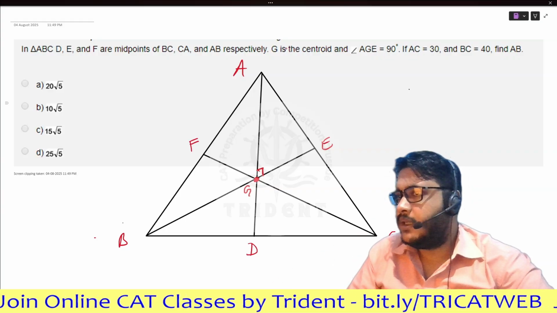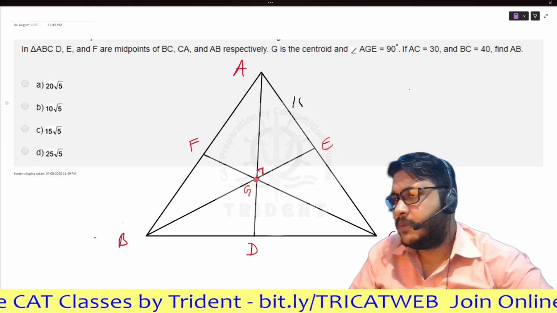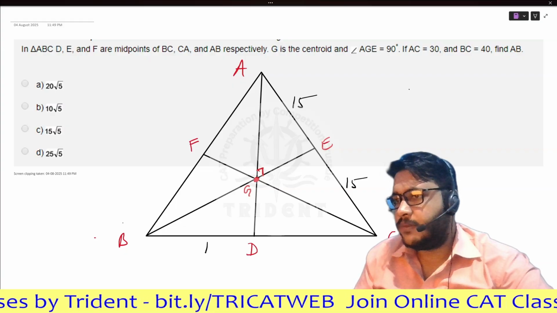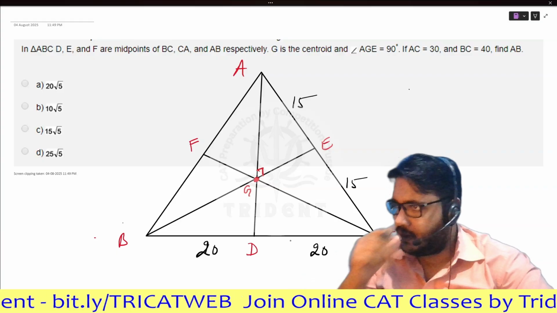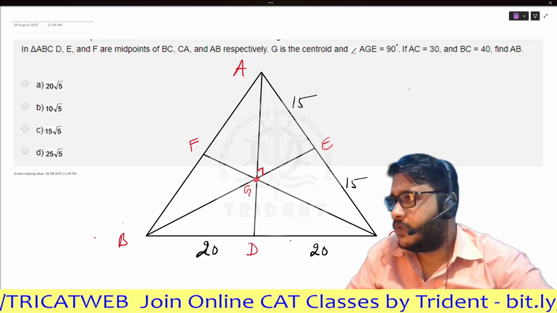If AC is 30, that means this is 15, this is 15, and BC is 40. That means this is 20 and this is 20. Very good. We need to find AB.